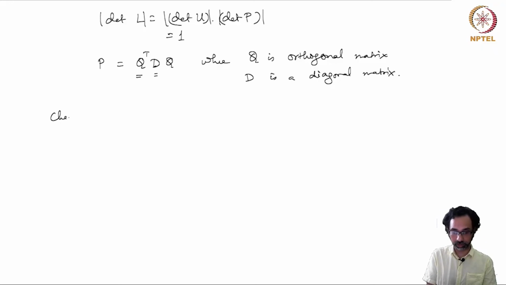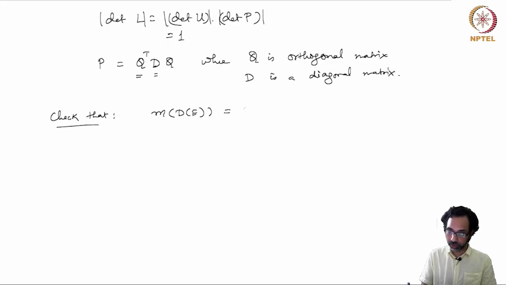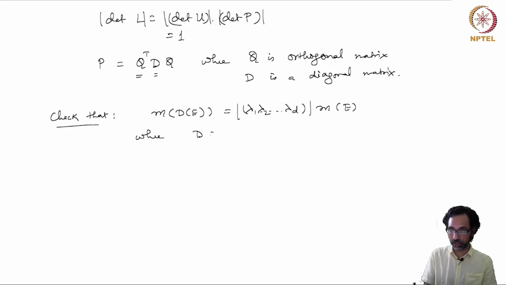So check that M of DE is equal to the modulus of the multiplication lambda 1, lambda 2, lambda D, times M of E, where D is the diagonal matrix lambda 1, lambda 2, lambda D, and other entries are 0.